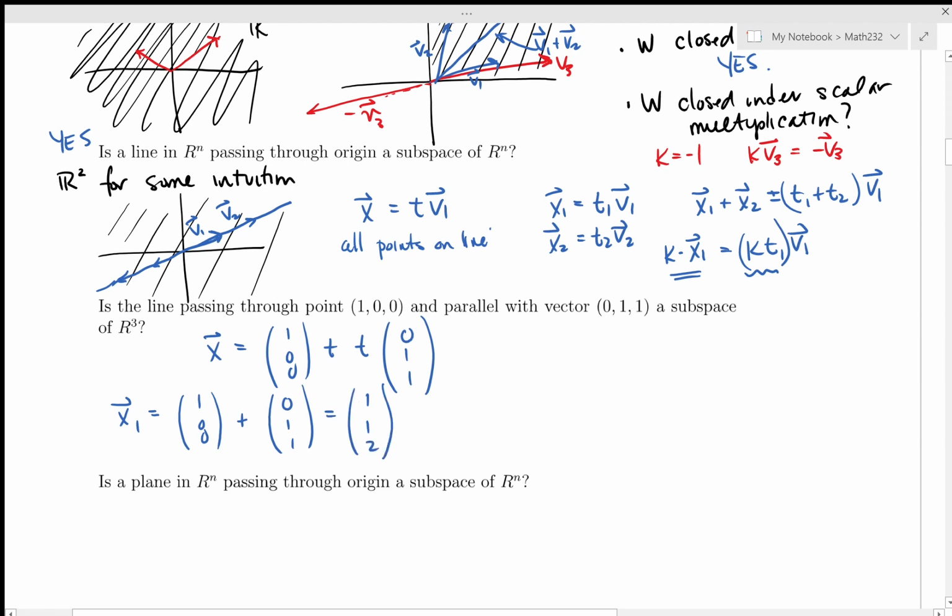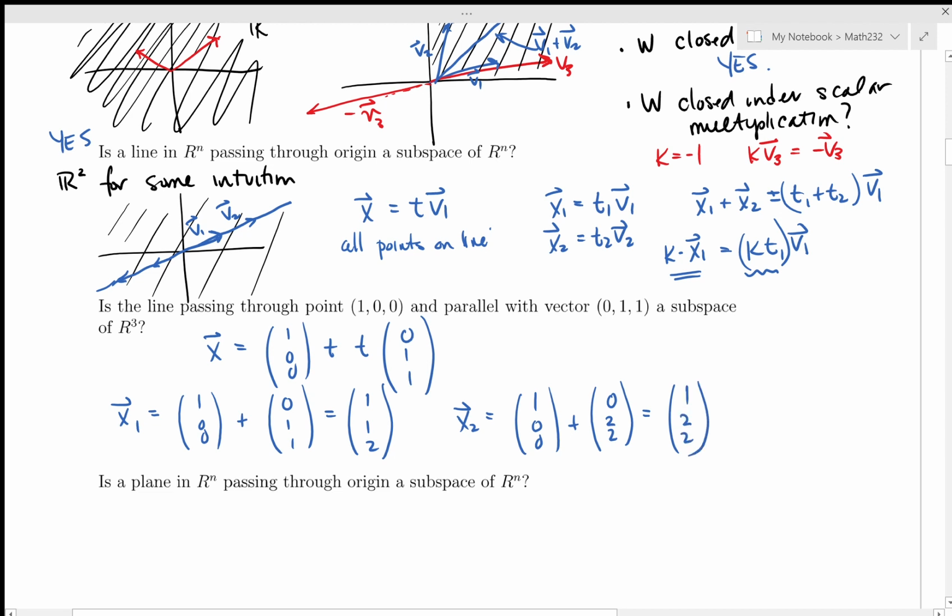So this vector is on the line, x1 is on the line. Let us look at another vector on the line, x2. That vector is 1, 0, 0, plus, and I'm considering now t to be 2. So that would be then 0, 2, 2. And I would add this up, and I would get 1, 2, 2.